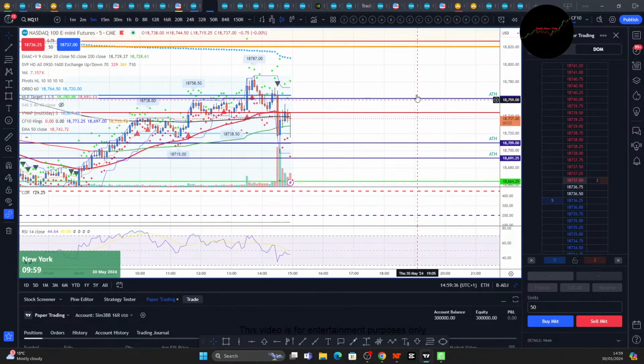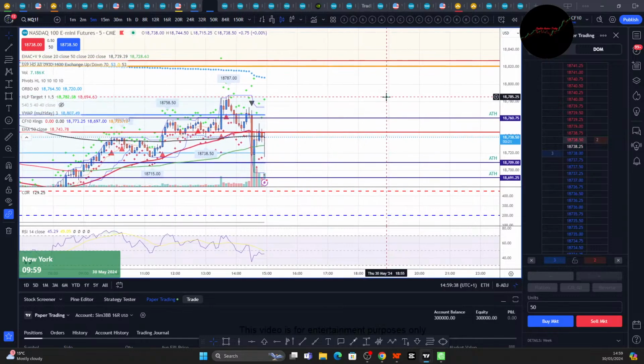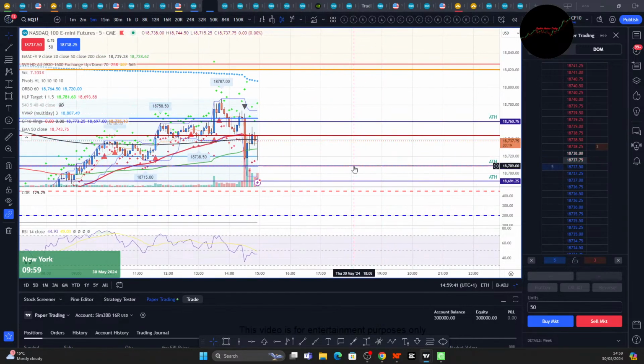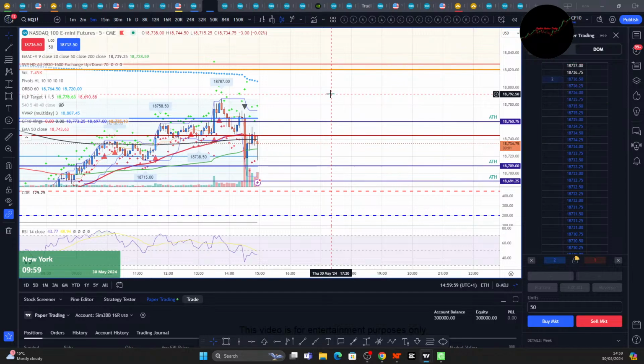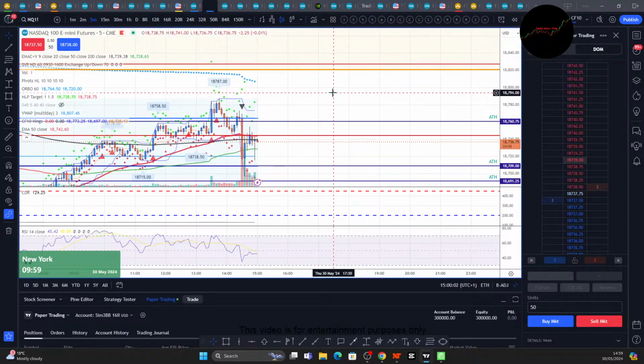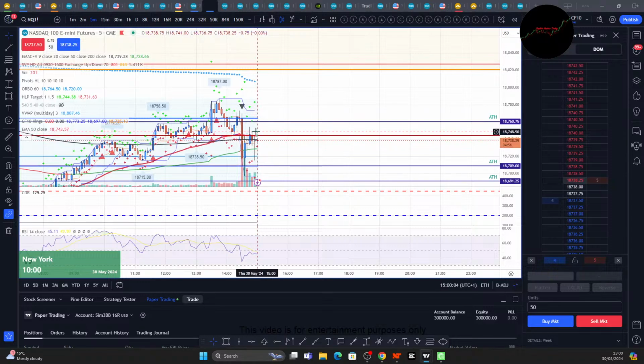Let's see what we can do here. Middle of a chop zone. Got a point of control and VWAP.